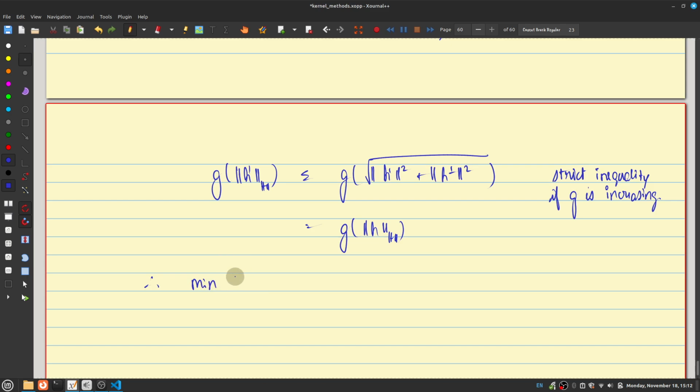So the minimum of the objective function over all h in H is in fact equal to the minimum of the objective function over all h in H prime. So that's it.